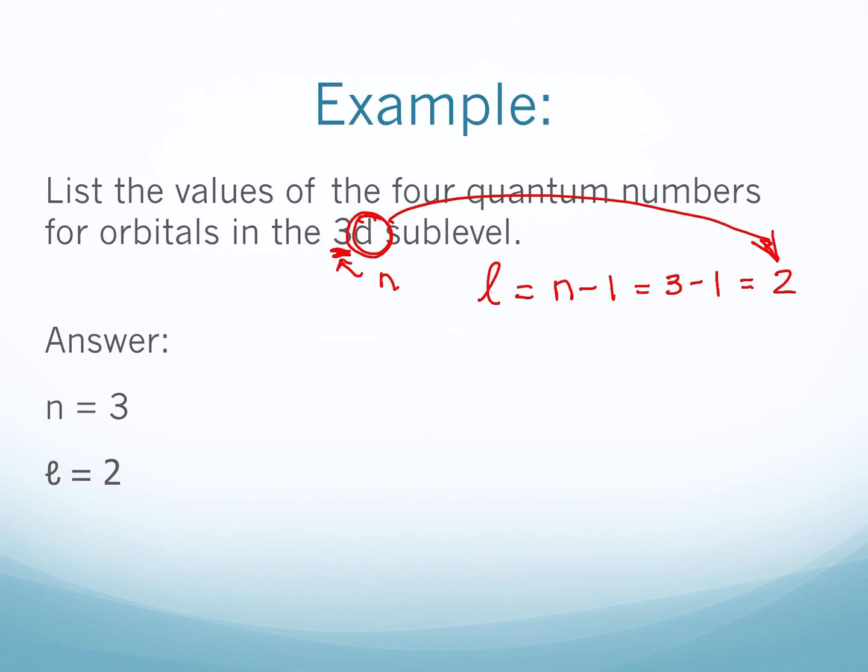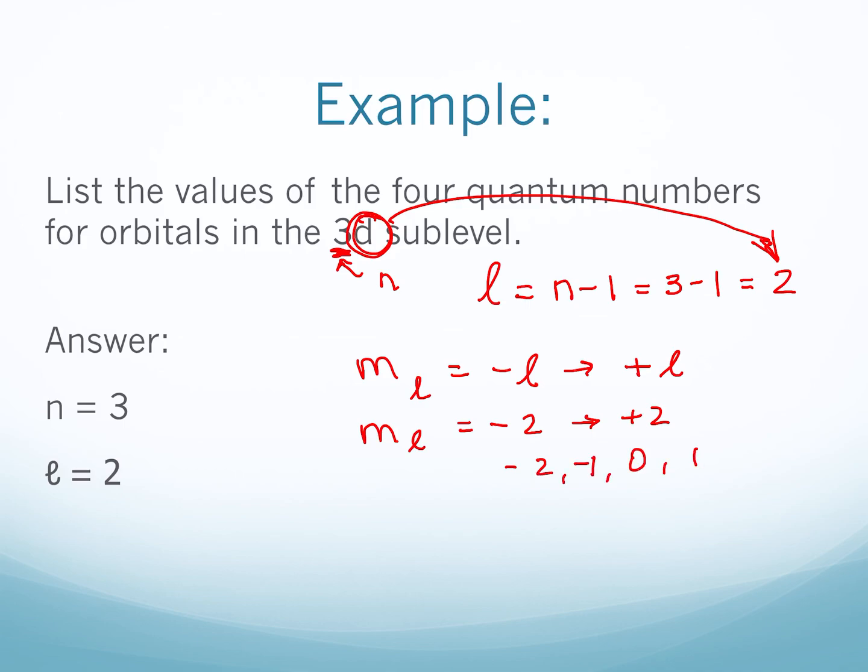Then remember that m sub l always varies from negative l to positive l, which means m sub l is going to go from negative 2 to positive 2. So it's going to be negative 2, negative 1, 0, 1, 2. Those are going to be our values for m sub l.